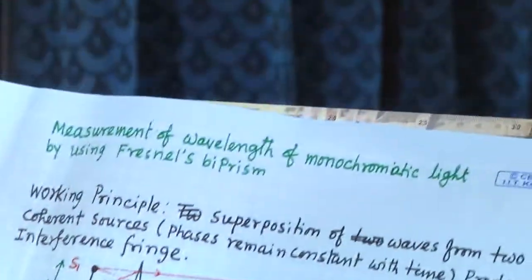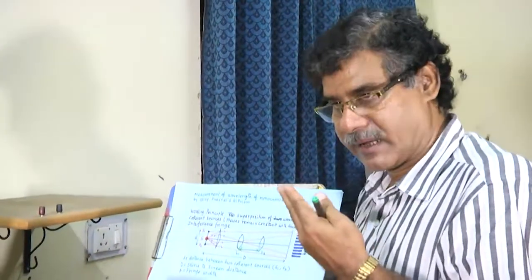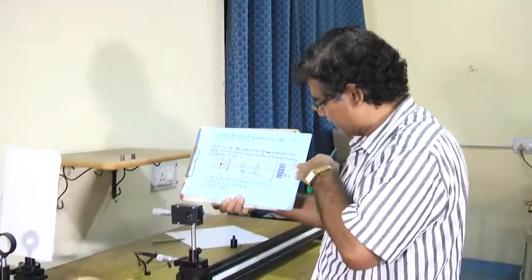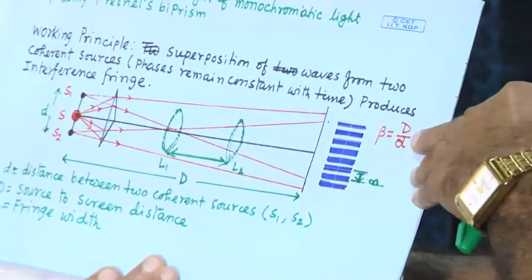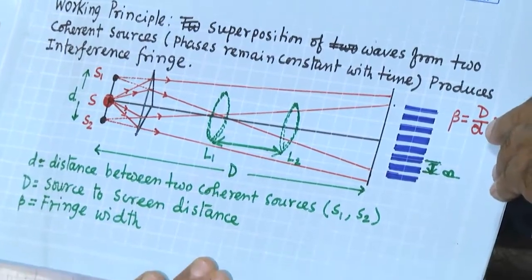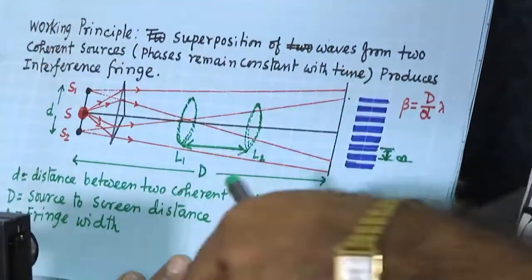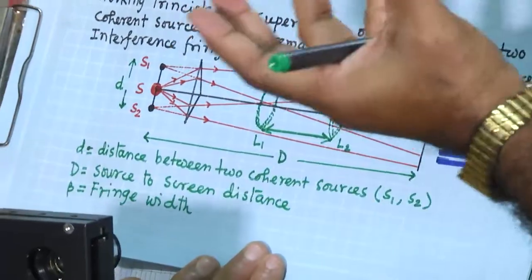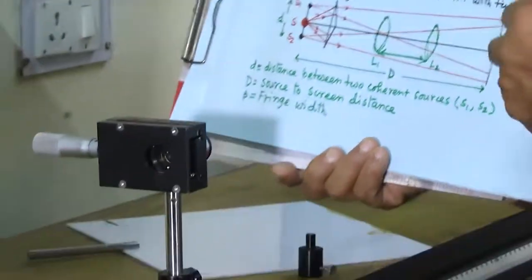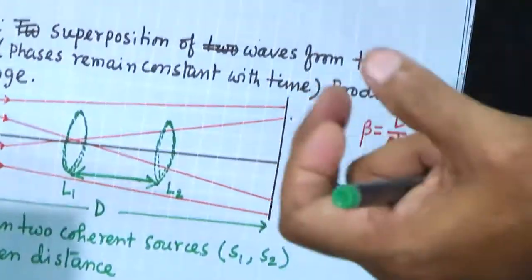So one has to think about the field of view of the micrometer, how big it is, and if the fringe width is very high, then you will get very few fringes only.